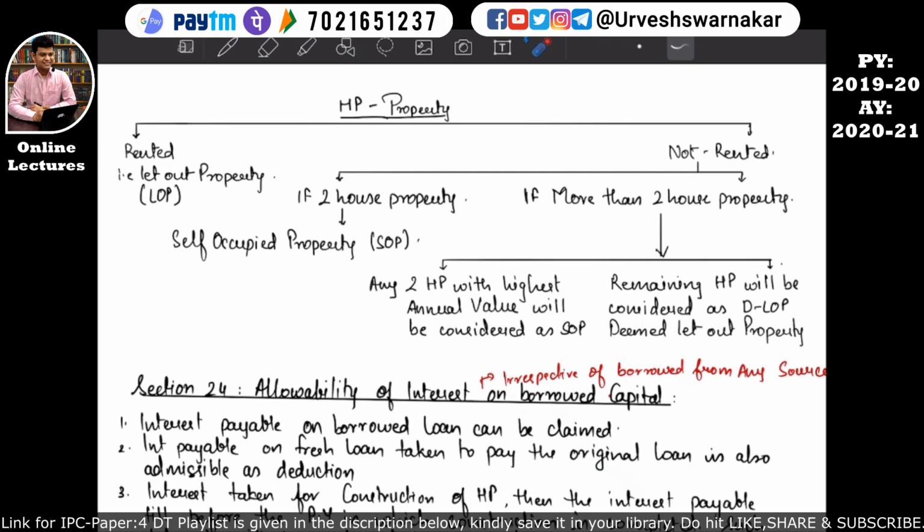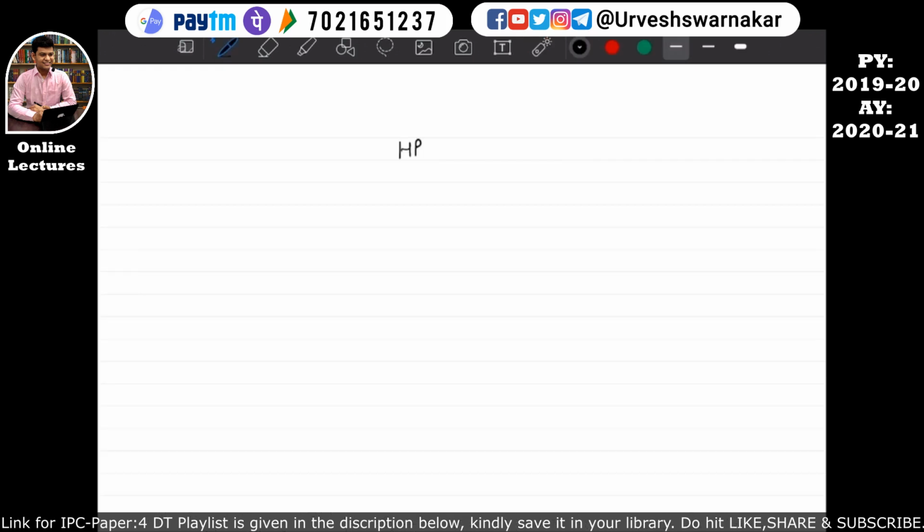Okay. So let's come to a blank page. There I'll explain three categories, that is LOP, SOP and DLOP. Okay. The house property is categorized into two parts, that is rented property and not rented property, and further categorized into LOP, SOP and DLOP. So let's understand what LOP means.